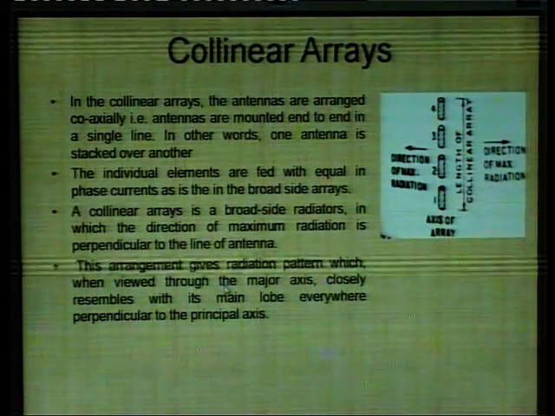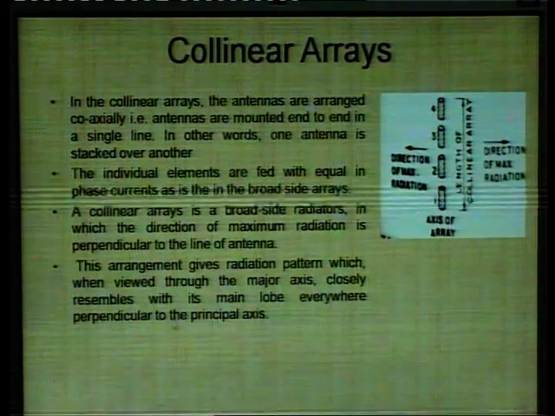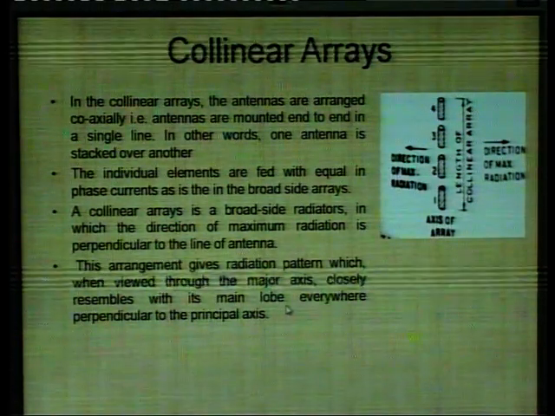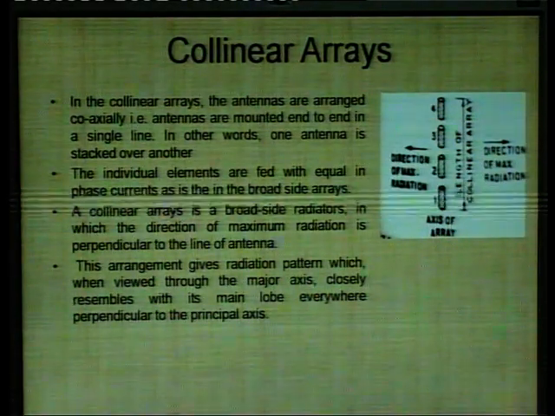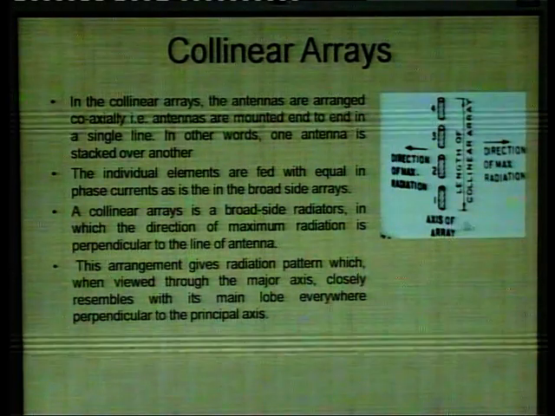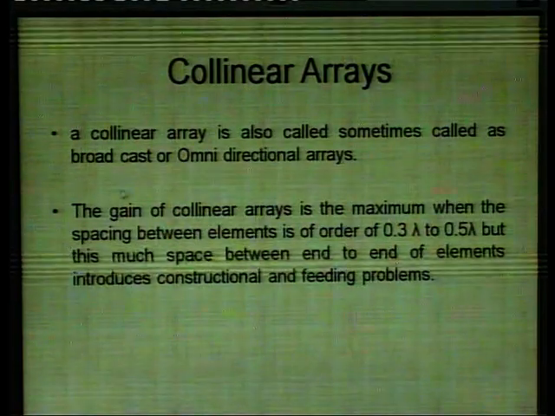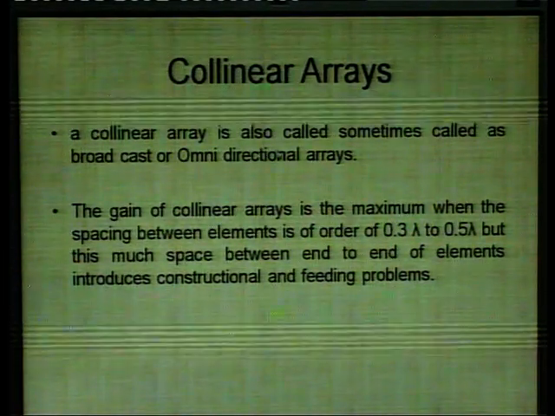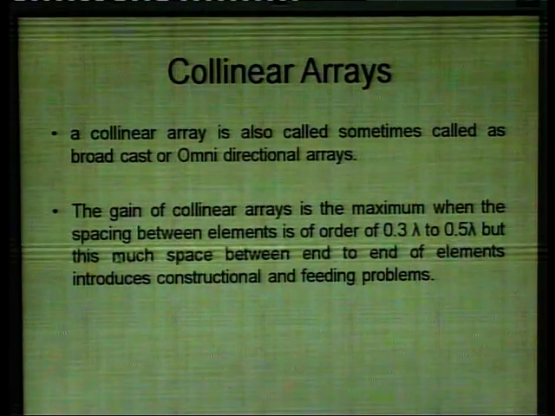This arrangement gives a radiation pattern which, when viewed perpendicular to the major axis, is spherical, that is circular in nature, meaning it radiates equally in all directions. So the collinear array is also sometimes called the broadcast or omnidirectional array.